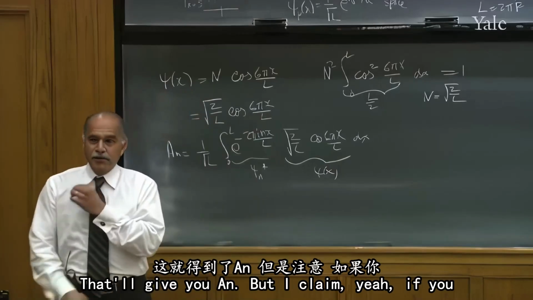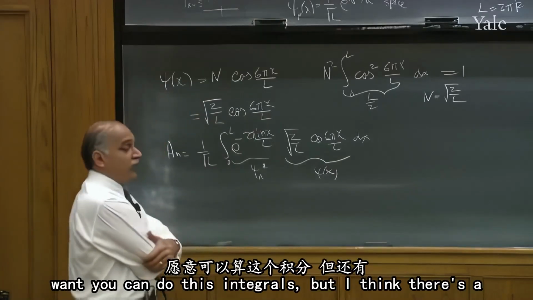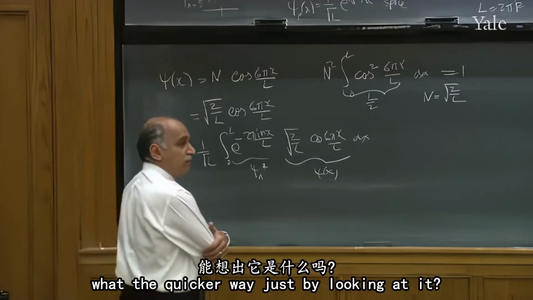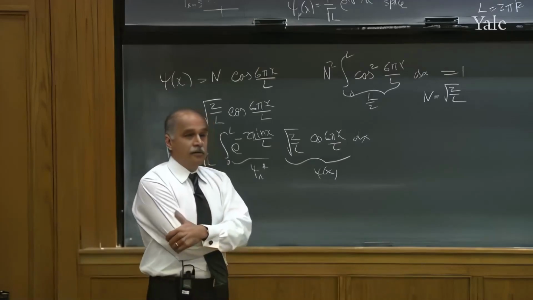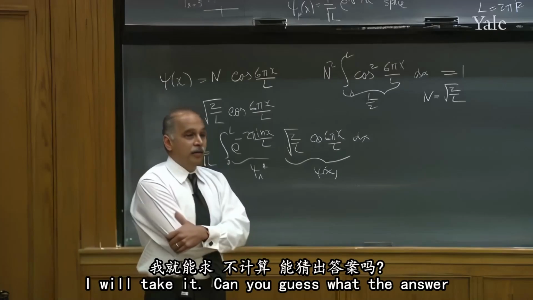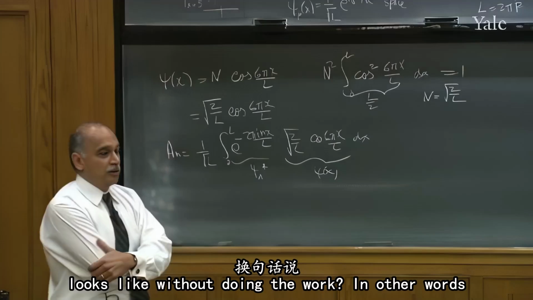But I claim, yeah, if you want, you can do those integrals. But I think there's a quicker way to do that. Have any idea what the quicker way is, just by looking at it? In other words, if you can guess the expansion, I will take it. Can you guess what the answer looks like without doing the work?